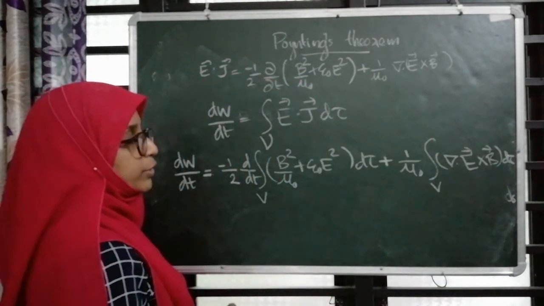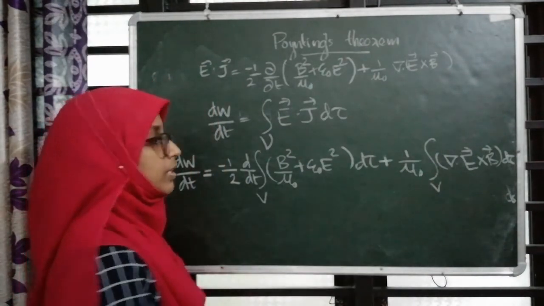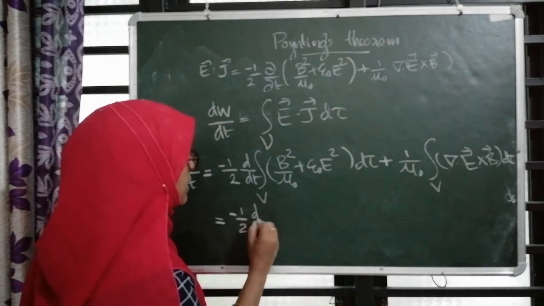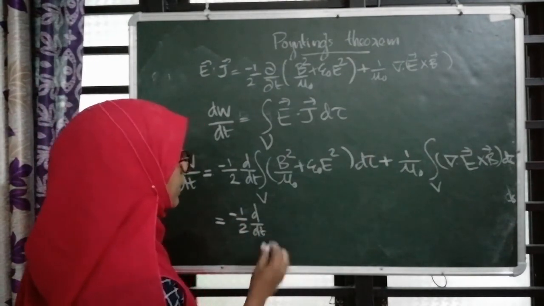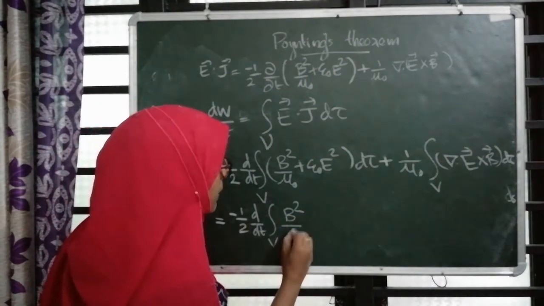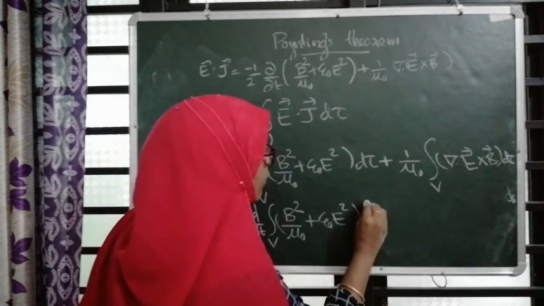Now I am going to apply Gauss's divergence theorem to the second term. The first term represents the energy stored in an electromagnetic field, the volume integral of B squared by mu 0 plus epsilon 0 E squared d tau.